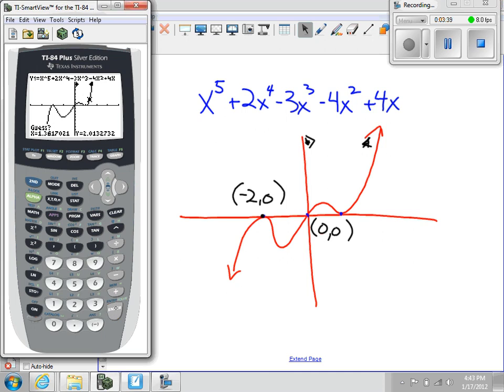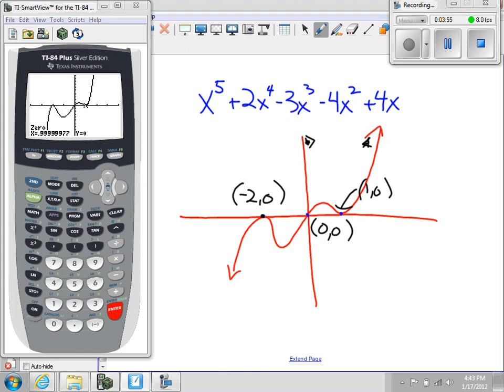I press enter. Well, it looks like it's calculating for a long time. Yes, it was. So that looks at x equals 1. So this is the point right there, 1, 0. And that's how I calculate my zeros.